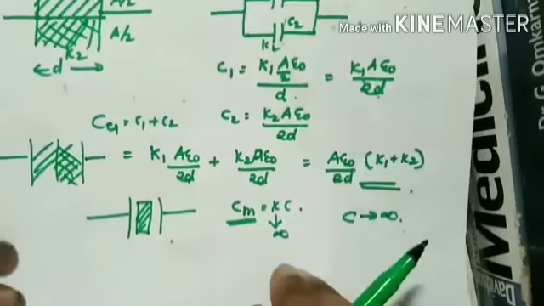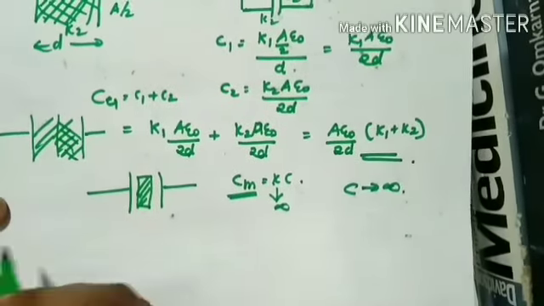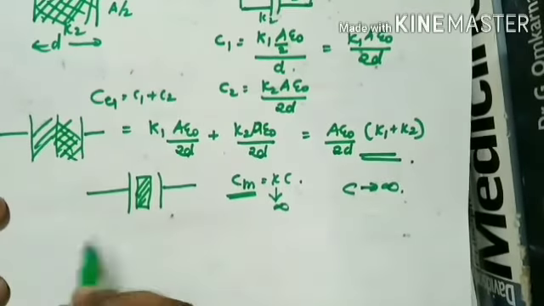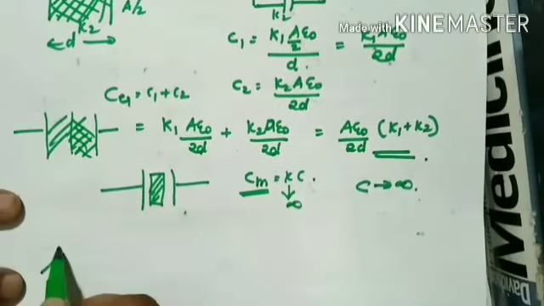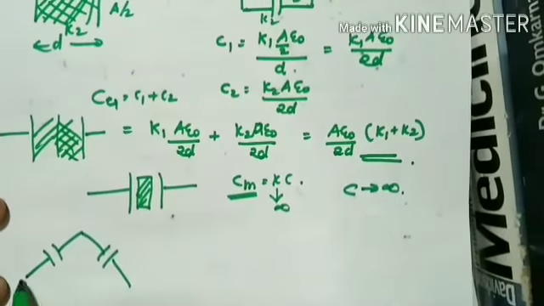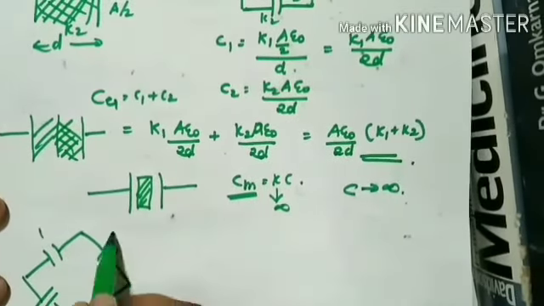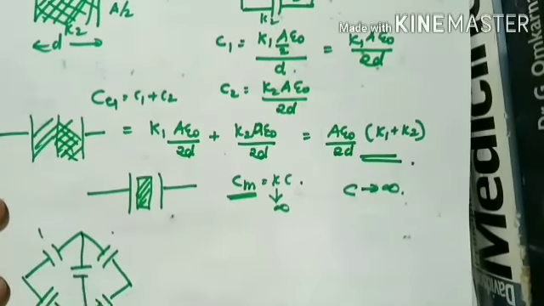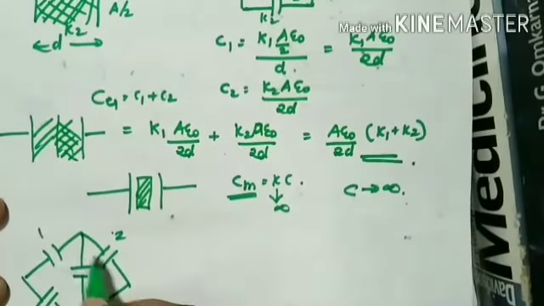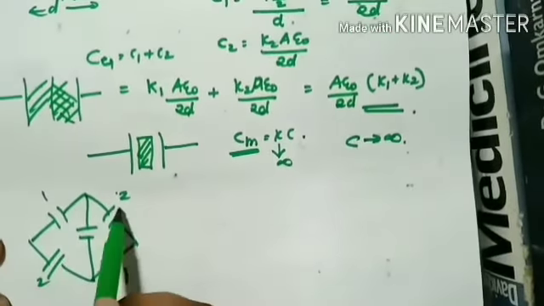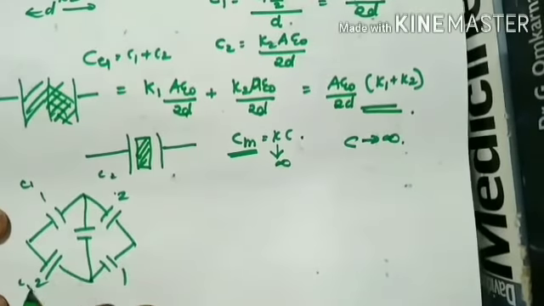The next type of question you have to deal with is Wheatstone's bridge, second part, that is, suppose the Wheatstone's bridge is not balanced. Remember this was the Wheatstone's bridge condition: this was C1, C2, C3 and C4.